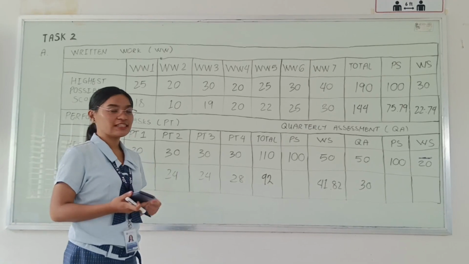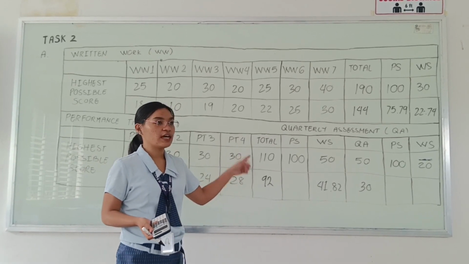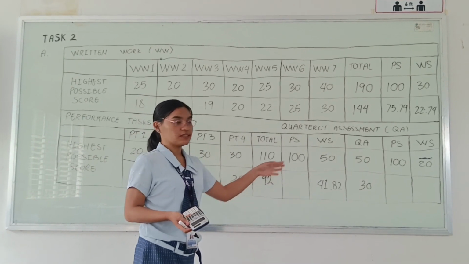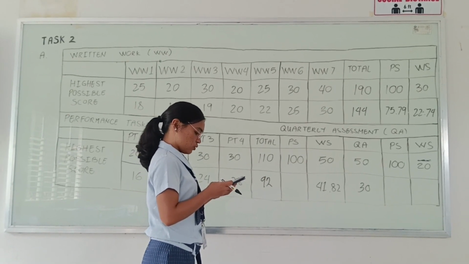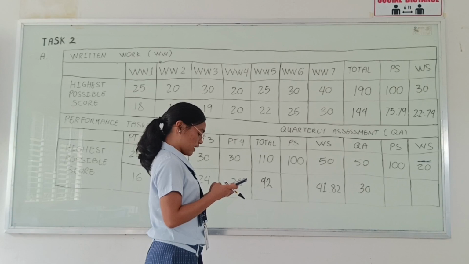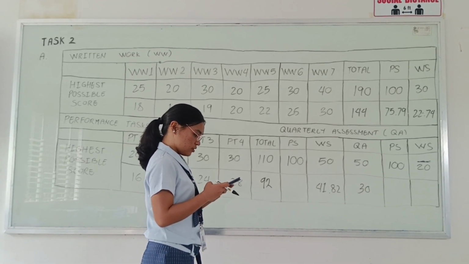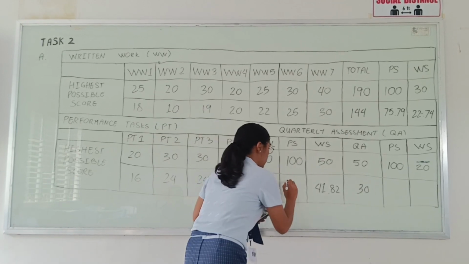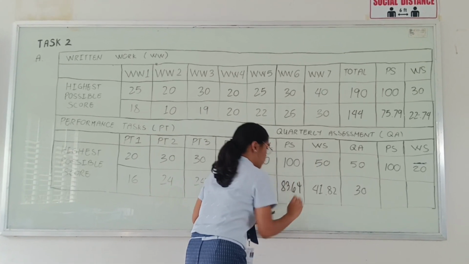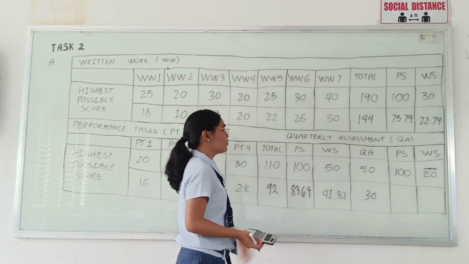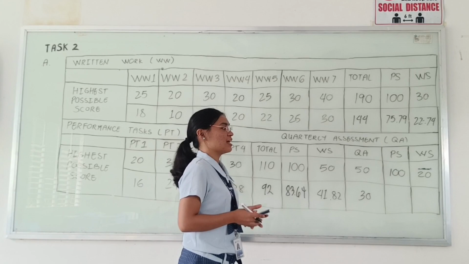To get the percentage score, we will divide the raw score by the highest possible score times 100. So 92 divided by 110 times 100 is 83.64.